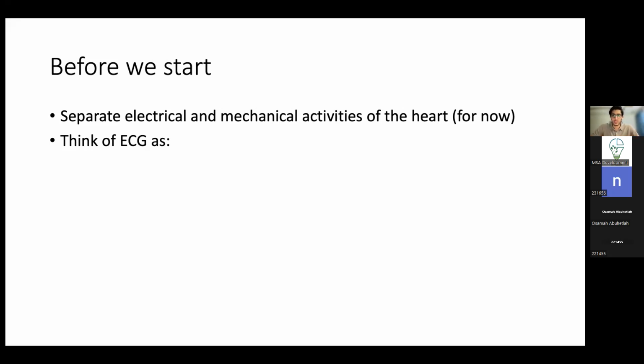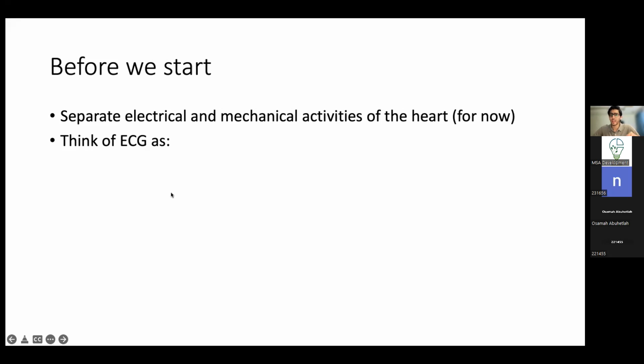Then there is the mechanical activity of the heart, which is more focused on the physical contraction and relaxation. So these are things such as systole and diastole. For the purpose of most of this lecture, I just want you to forget about the mechanical activity of the heart. Don't worry about systole. Don't worry about diastole. Focus mainly on depolarization and repolarization, i.e. the electrical activity of the heart.